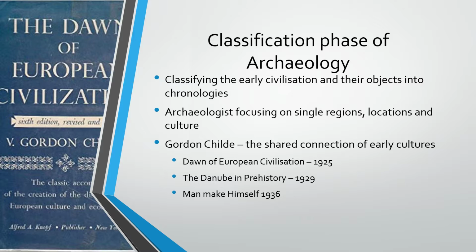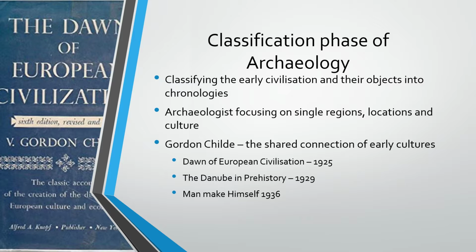What he does, for the first time, is try to combine these together. In his first two publications, The Dawn of European Civilization and The Danube in Prehistory, he tries to tackle these questions to bring about a shared connection of cultures and people: they aren't alone, they are interacting with each other, and they share the same origins.